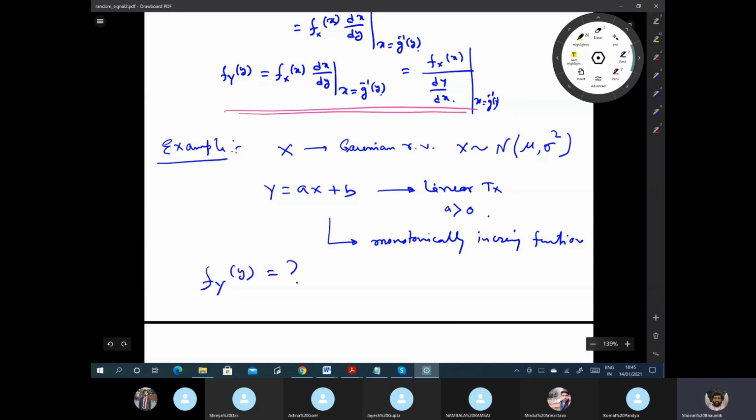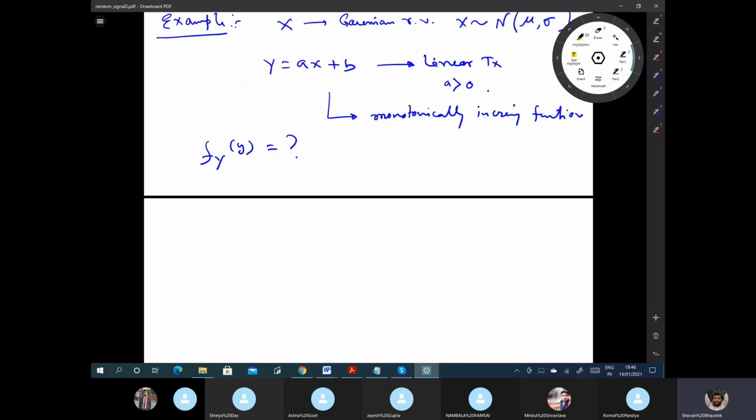Can you calculate this? So the implication is we have a kind of linear relationship and a Gaussian random variable is coming to that. What will be the output?